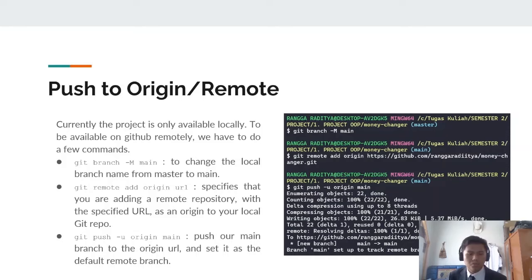The -u is upstream. This is usually used when we first commit to push to GitHub.